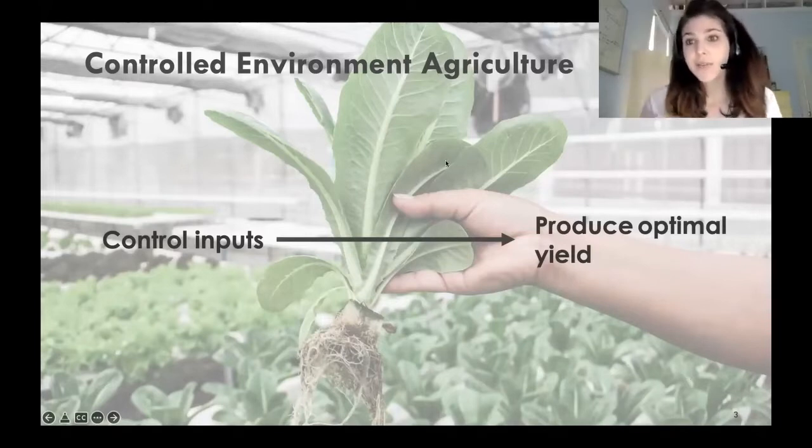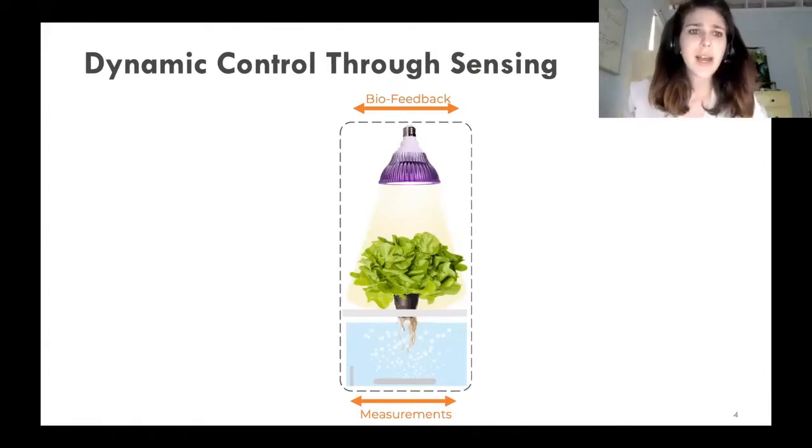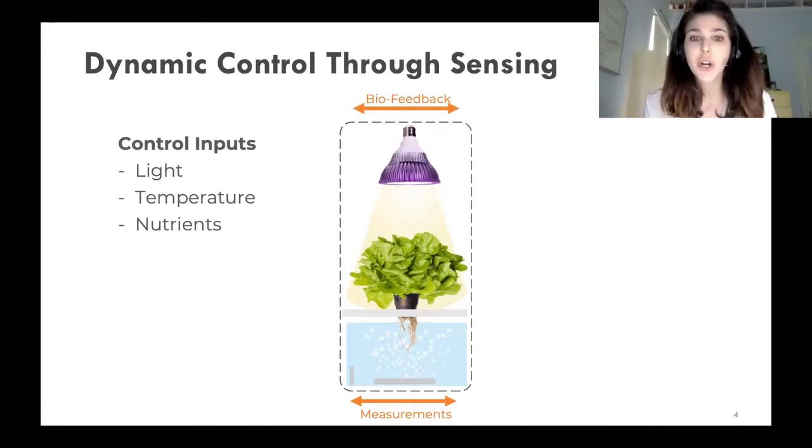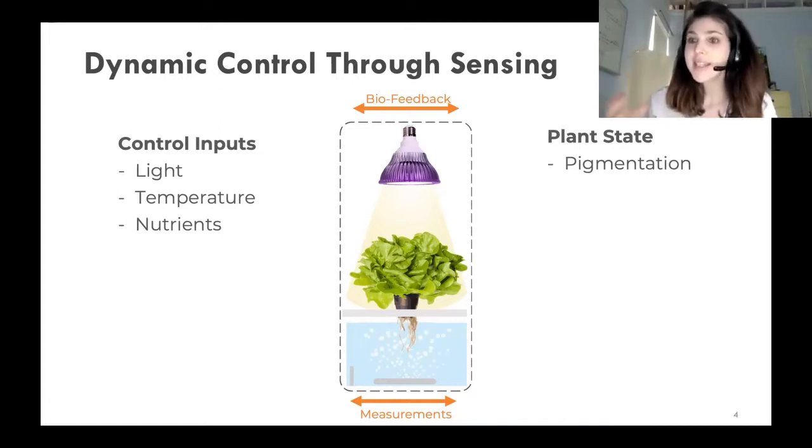The concept of dynamically controlled environment agriculture is that we use sensing and biofeedback, so that's kind of listening to the plant, watching the plant, to take measurements constantly. We're still controlling the input parameters like light, temperature, and nutrient concentration in the water. But at the same time, we're observing the plant's state at a given moment: things like pigment, size of the plant, and the nutritious contents, the nutrient density within the plant.